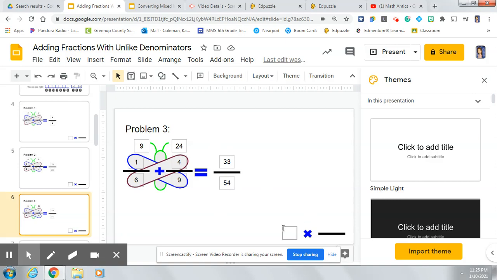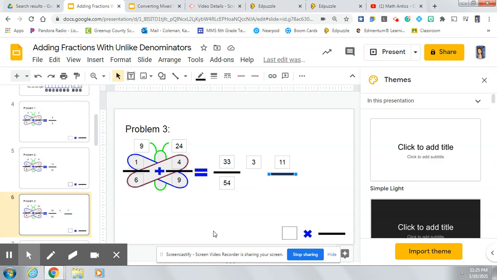So if I divide it by 3, 33 divided by 3 will be 11. So 11 is my numerator.